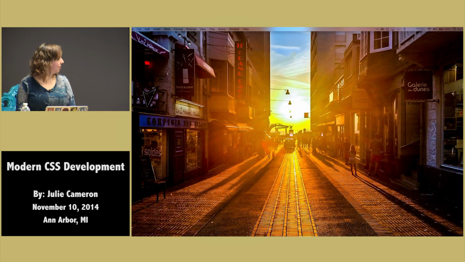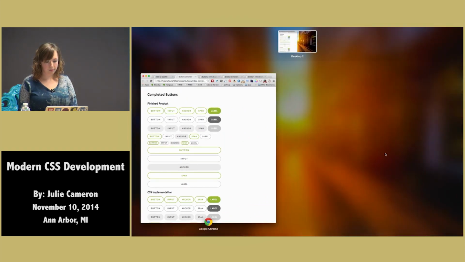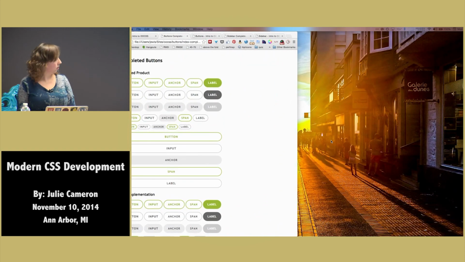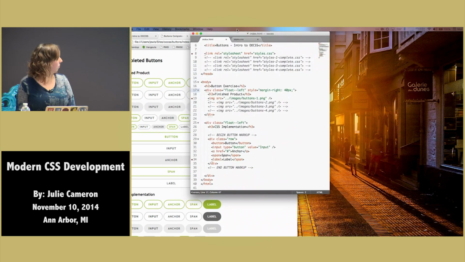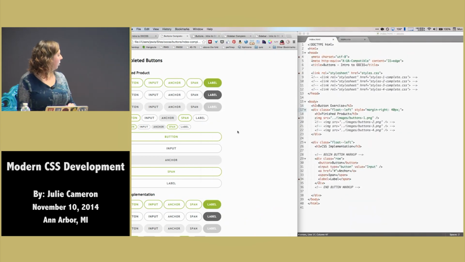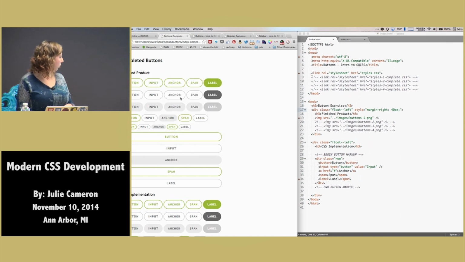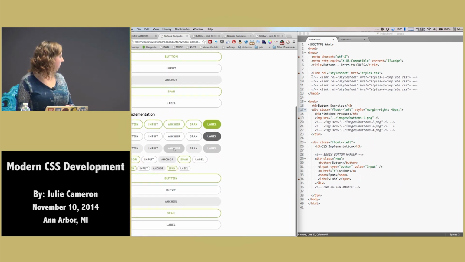All right, so let me pull these screens up. We have this image here of what we want our buttons to look like, and our goal for this is to make actual styled buttons.